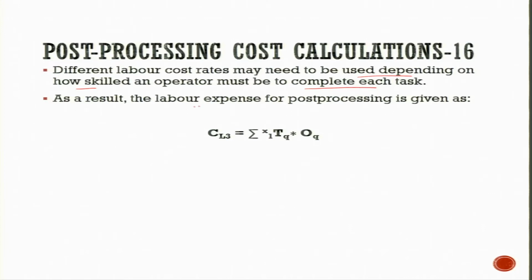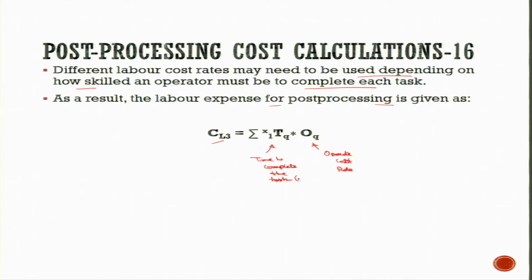So as a result, the labor expenses for post-processing is given as the summation of the time required for operator Q to complete the task multiplied by the operator Q cost rate. So this is time to complete the task into the operator cost rate.